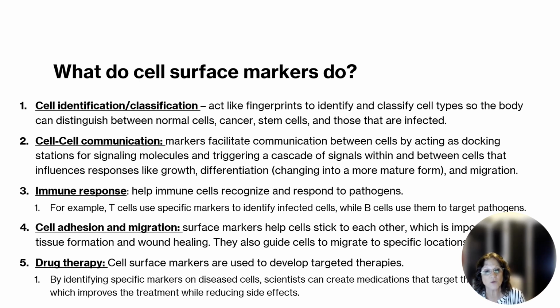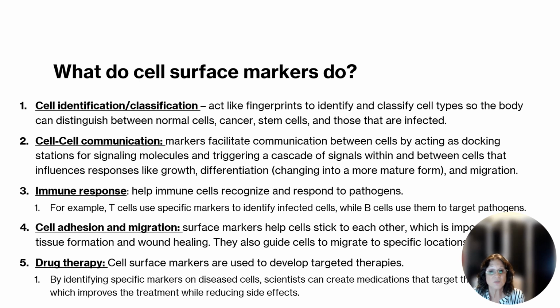This is going to be important to do things like growth, differentiation, which means changing into a more mature form, and even migration of cells. You might be thinking, why would cells migrate? Cut yourself and you will see the process of migration. That is what your body will do to try to heal you whenever you have an injury, right? Even that little paper cut that you get turning a page.